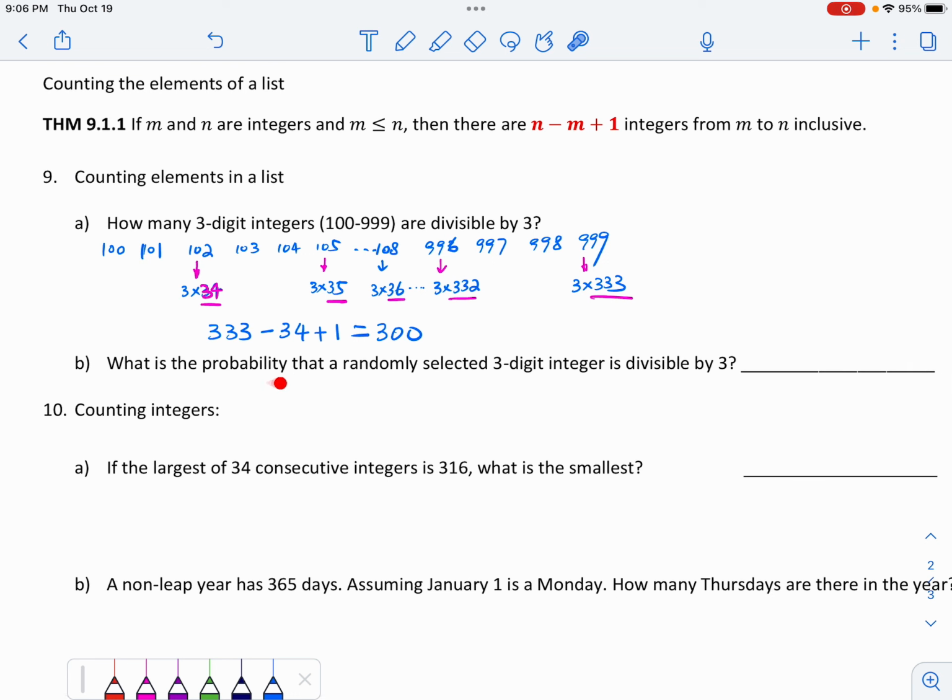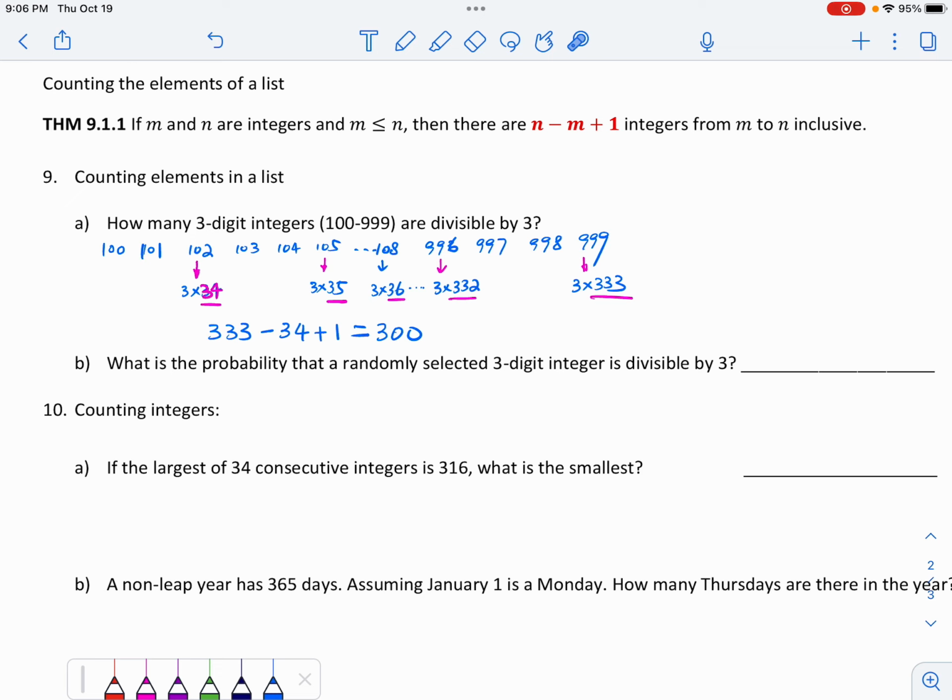Now, what is the probability that a randomly selected 3-digit integer is divisible by 3? We are saying that one integer is randomly selected from this list, and we assume every single number has an equal chance of being selected.